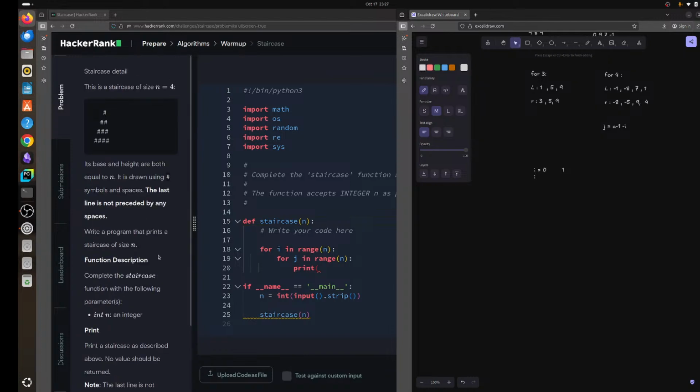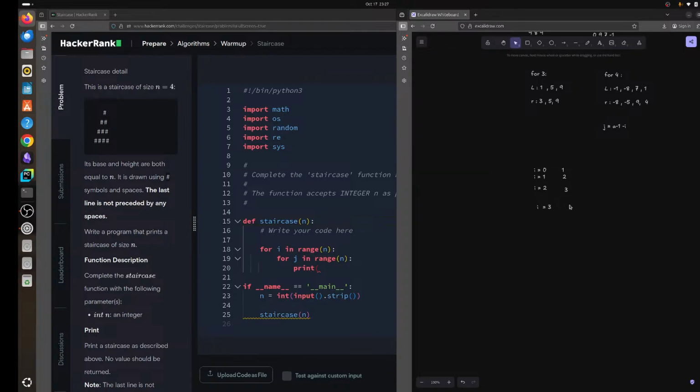Let's take a small example. i equals 1 prints 2 hashes. i equals 2 will come as 3. i equals 3 will come as 4. I think 4, right?